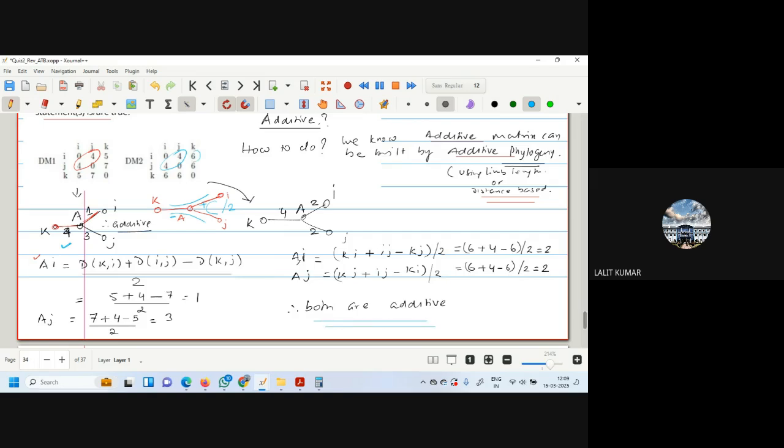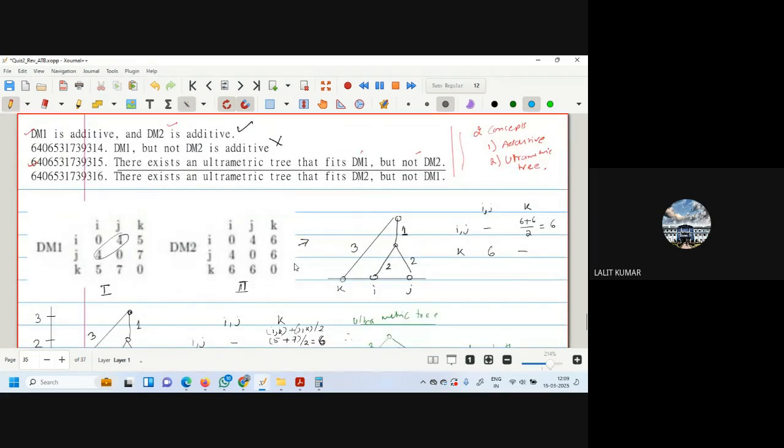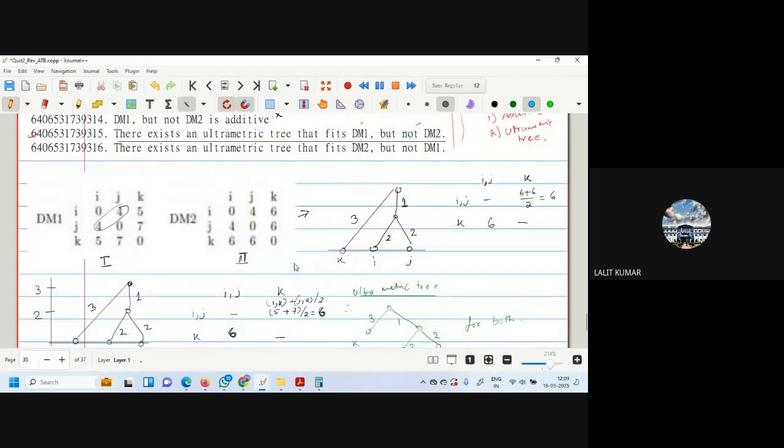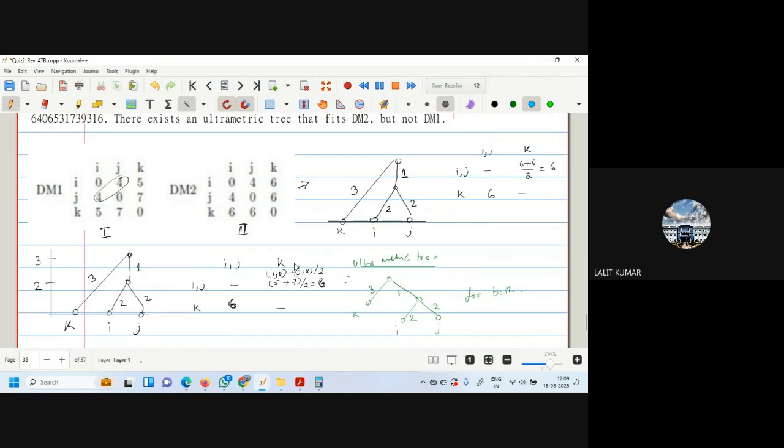Now the second concept is whether they are ultrametric: which one is not ultrametric and which one is ultrametric. I used the method from yesterday, how to build ultrametric trees once the matrix is given. So you find the lowest distance, which is 4 and 4. So I and J will combine and their height will become 2 and 2.